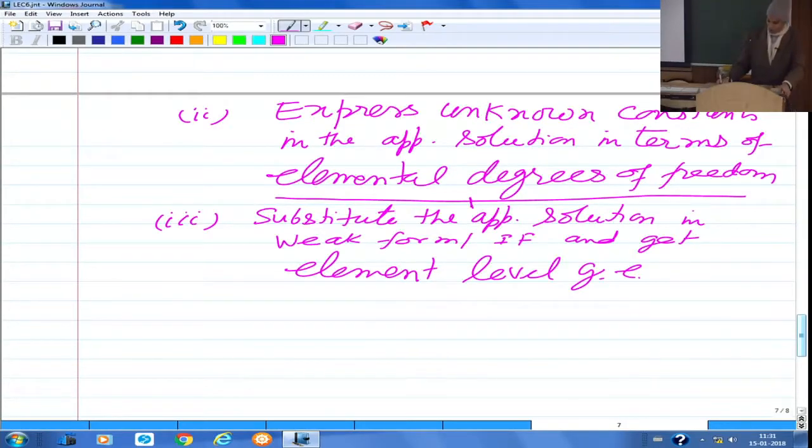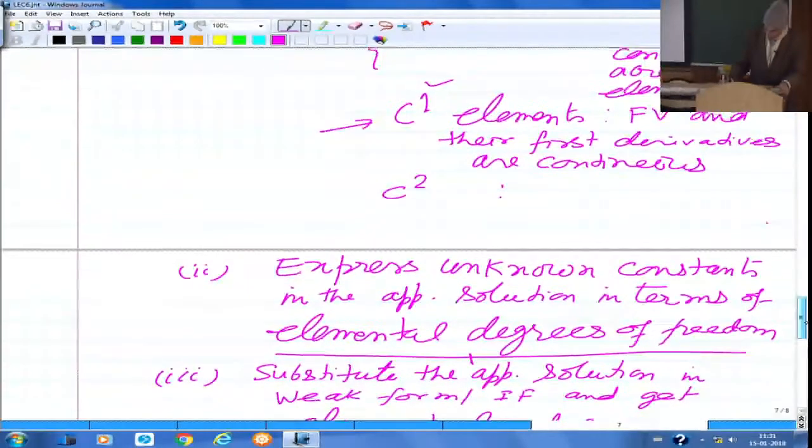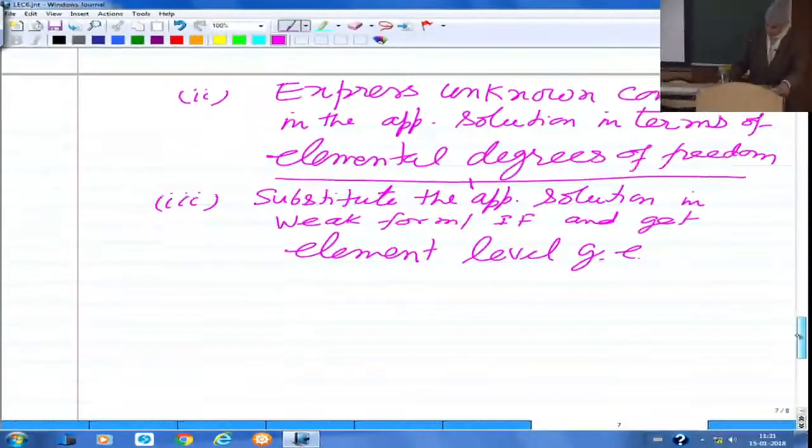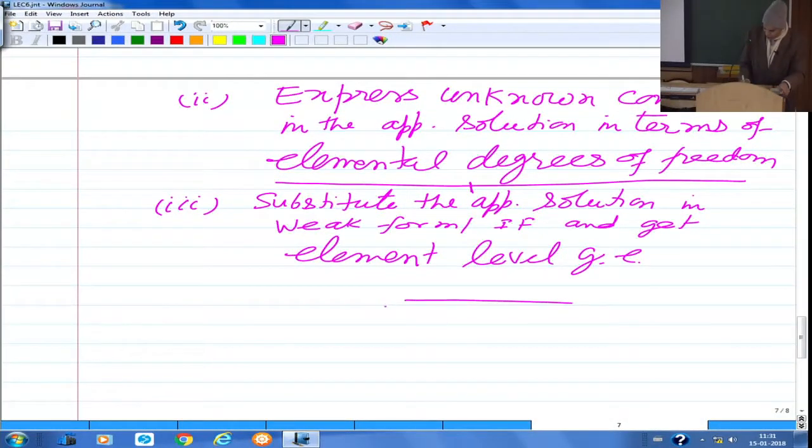Yes. So if you have, let's say, a fourth order differential equation, then the variable and its first derivative would be primary variables. What I was talking about, when I said express unknown constants in the approximate solution in terms of elemental degrees of freedom, is this: say this is your element, and how we decide this we will also talk about.